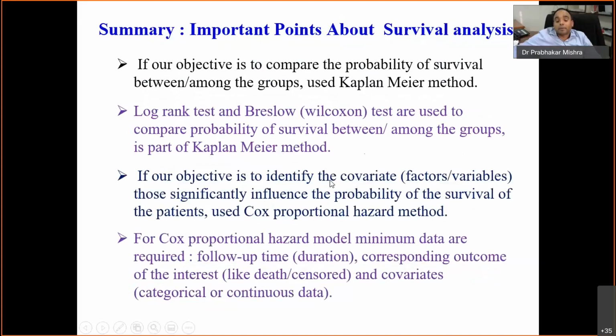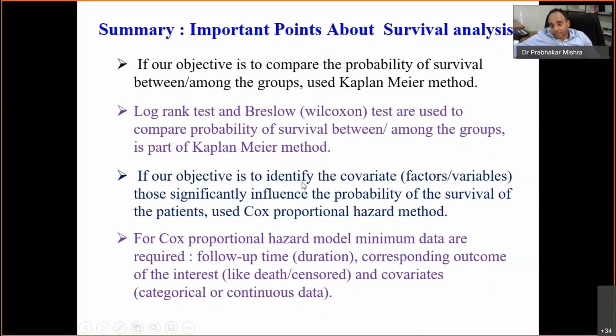Now, if our objective is to compare the survival probability between two or more groups, we need to use the Kaplan-Meier method. Log-rank test and Breslow, these are the two methods under the Kaplan-Meier method. The log-rank test should be used when at least 5% censored cases are present, otherwise Breslow is to be used.